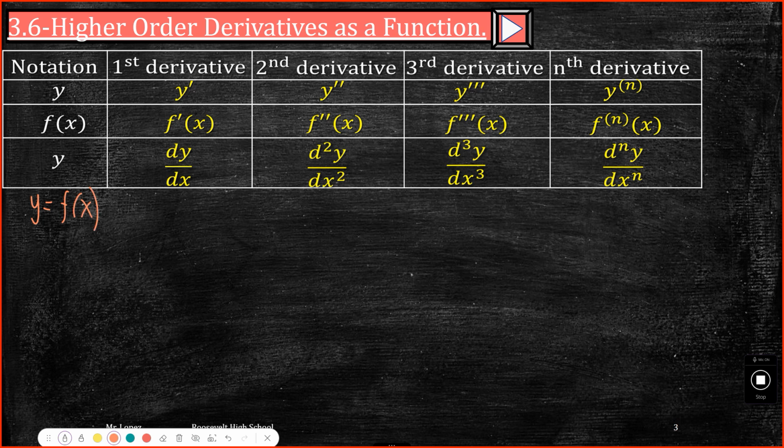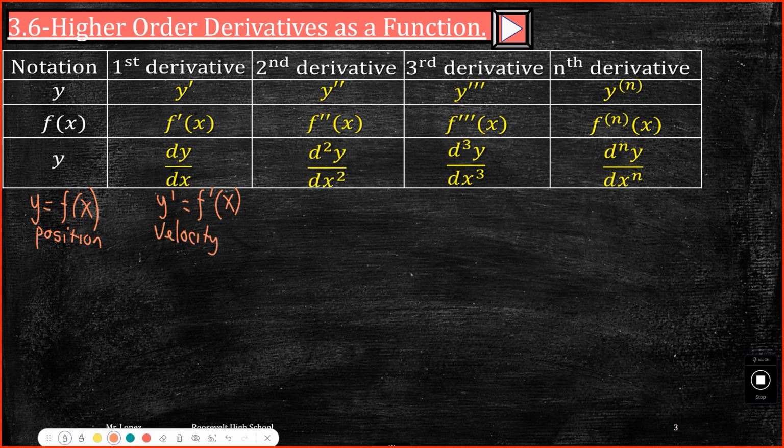Let's say that f of x describes position of something. And if you take the derivative of f of x or y prime, y prime is f prime of x, then this will be describing what?